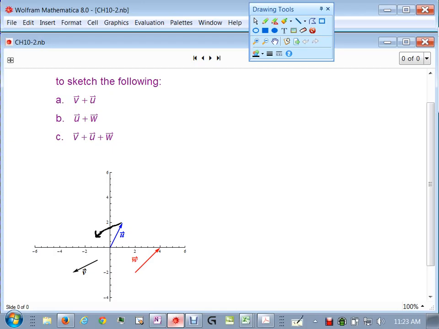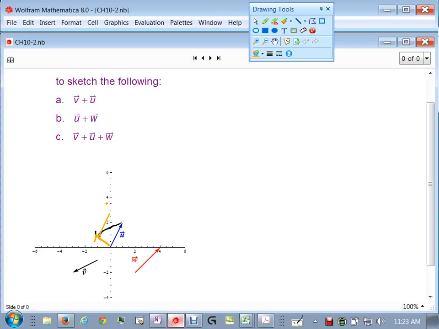About something like that? All right, it's not perfect, but that's what I would have. Now the result, u plus v, would be the vector that starts at u and goes to the tip of v. So there it is right there.